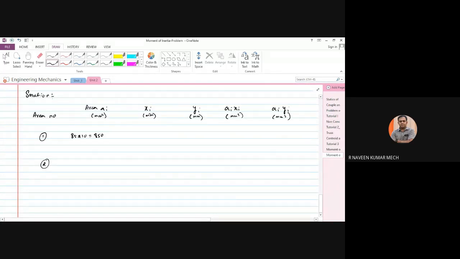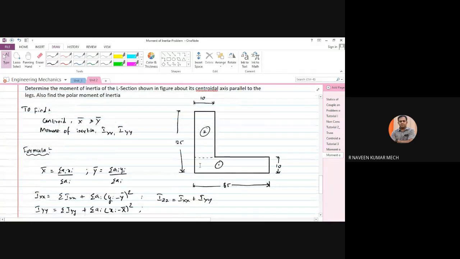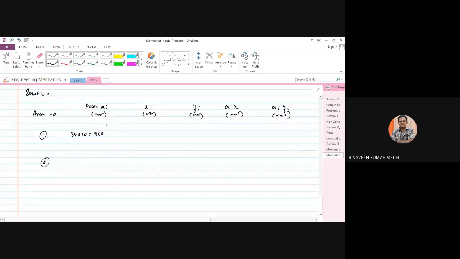Next, the area of A2 is 10 into 115. Since the total length is 125, if we reduce the 10, we get 115, so that is 10 into 115. We get our area as 1150.